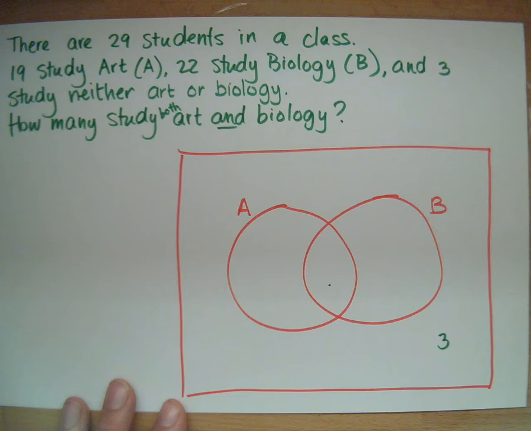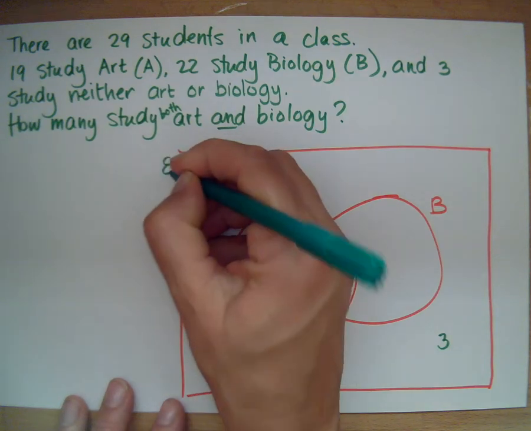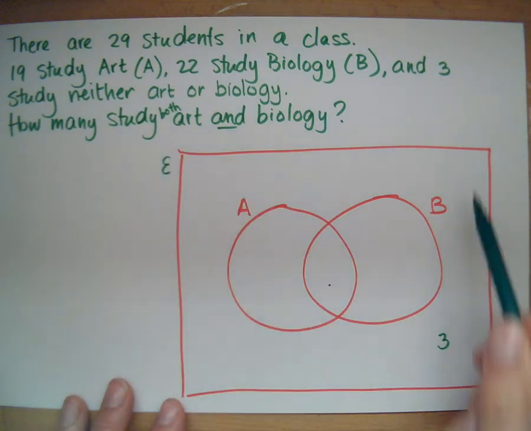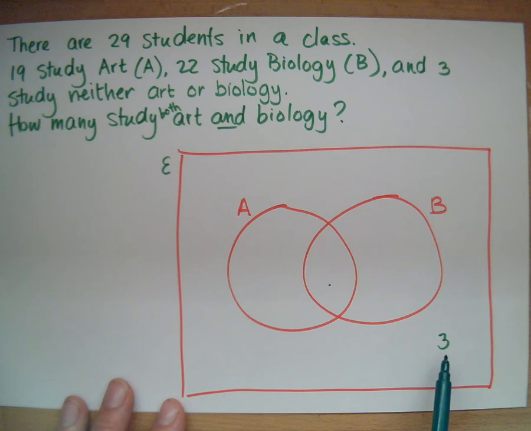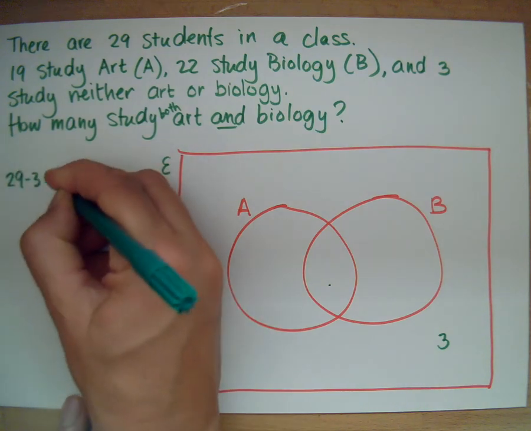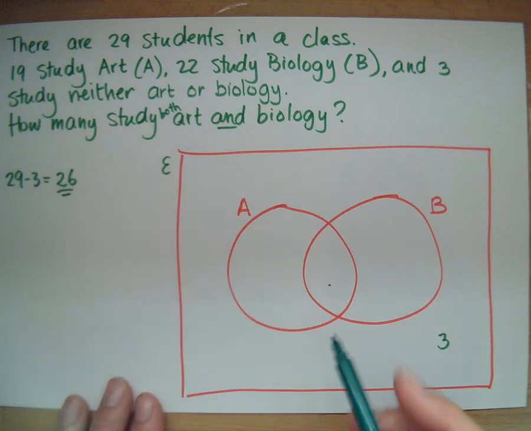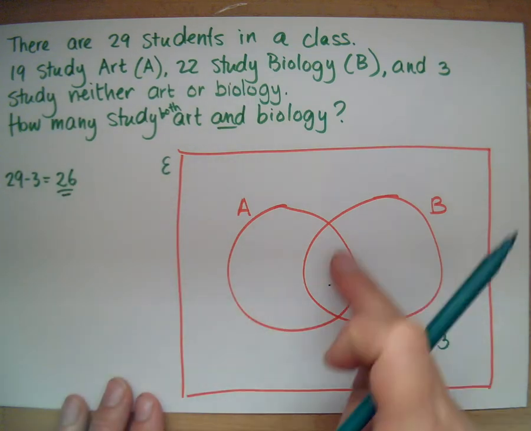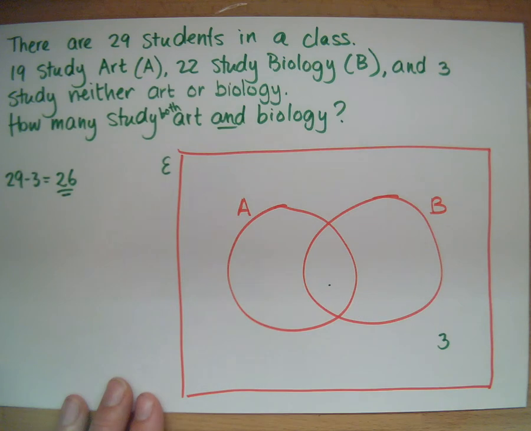Okay, we know that the total students are 29. 3 of those are accounted for. So let's see how many students we have left to place. There's 26 left to put inside these 3 spaces.